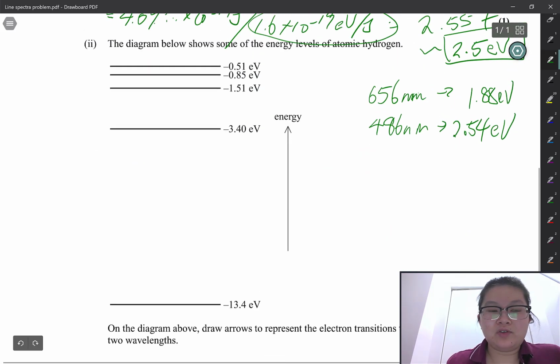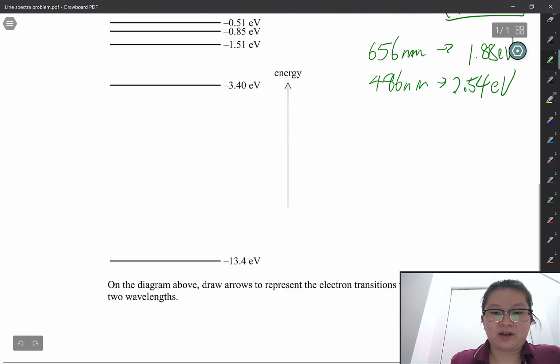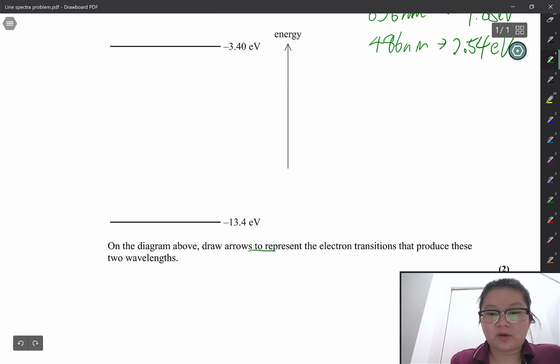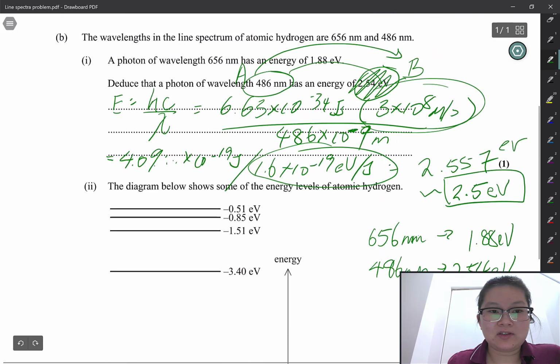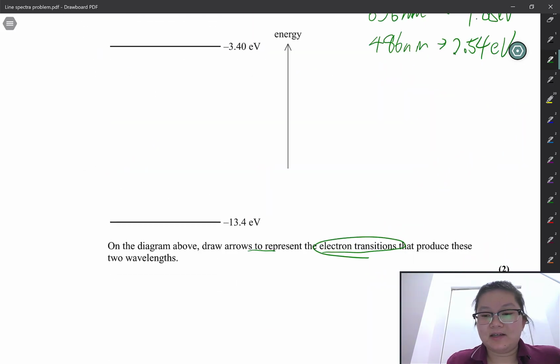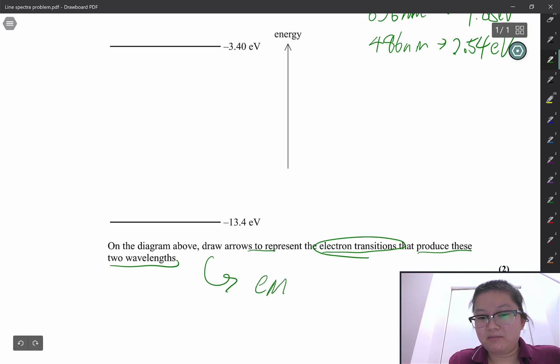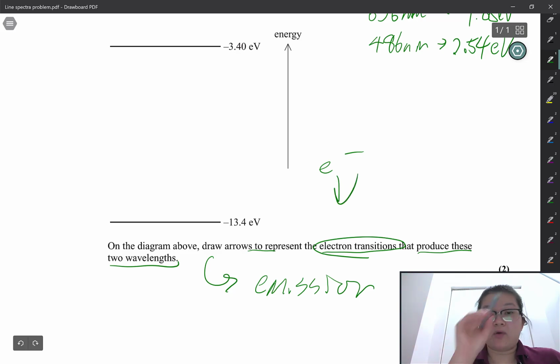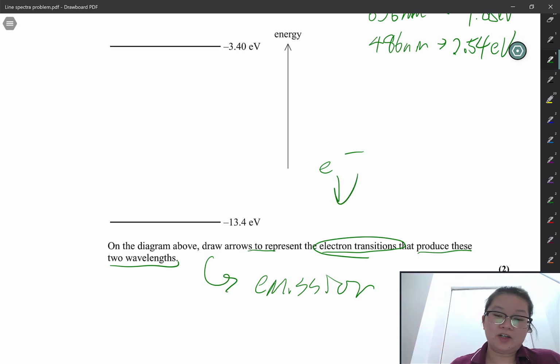So we have to be very careful. We need to draw arrows representing the electron transitions that produce these two wavelengths. And it looks like photons are produced in this case, so we're talking about emission spectra. Emission means that the electron is going to drop to a lower energy level.